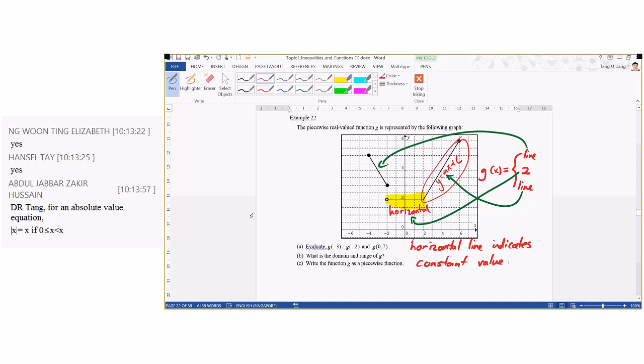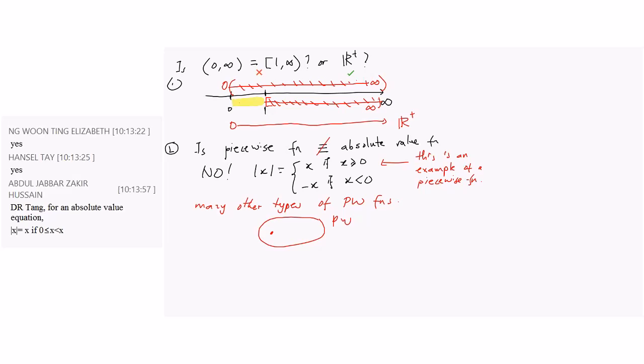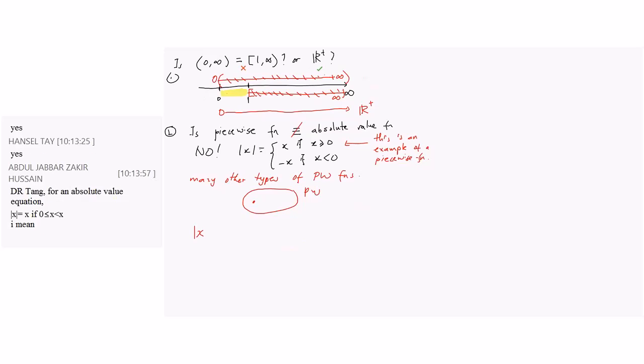So, we would write instead that value x is equals to x, right? x is more than or equals to 0, and then less than infinity.